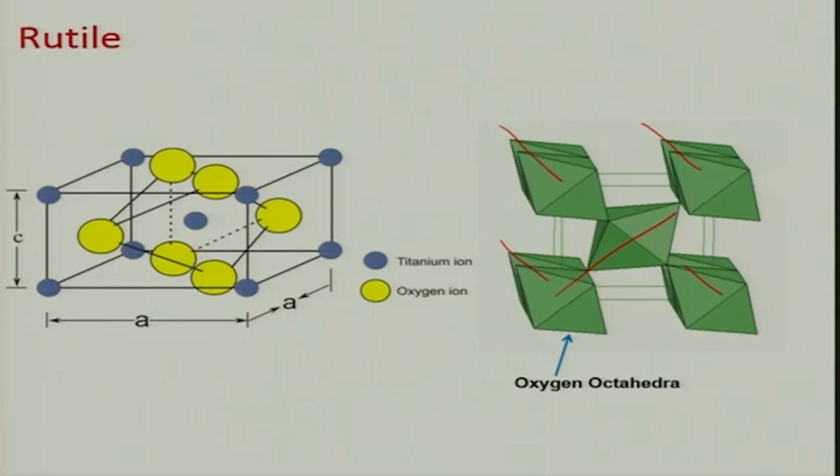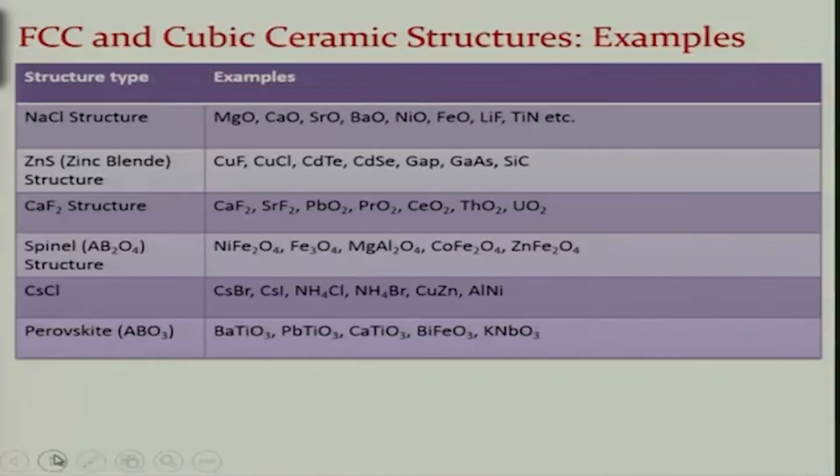So this is where we end with the structure of ceramic materials module. We looked at FCC and cubic based ceramic structures, which include sodium chloride, zinc blende, fluorite structured materials, spinels, cesium chloride and perovskites. Not all of them are dielectrics, but many happen to be dielectric, especially the perovskite structured compounds.